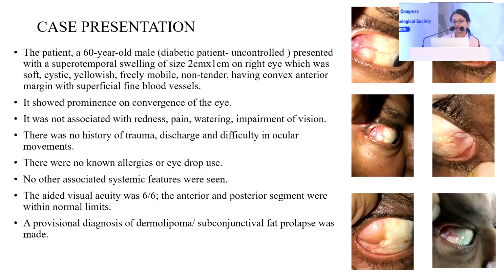The anterior segment and posterior segment were both evaluated along with a dilated fundus examination, which was also essentially normal. A provisional diagnosis of dermolipoma or subconjunctival fat prolapse was made. As you can visualize in the images also, the typical lesion is what we can observe.